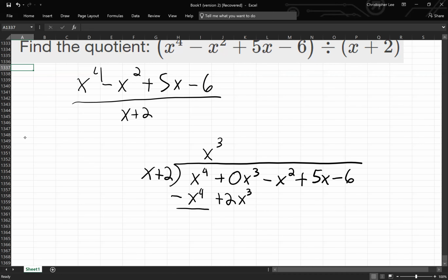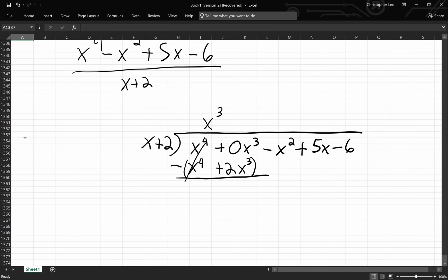After that, you're going to subtract this out. When I subtract this, remember it's a polynomial. x to the 4th will cross out. 0 minus 2x cubed is going to give me a negative 2x cubed. Excuse me, x cubed I meant to say. Bring down your negative x squared.